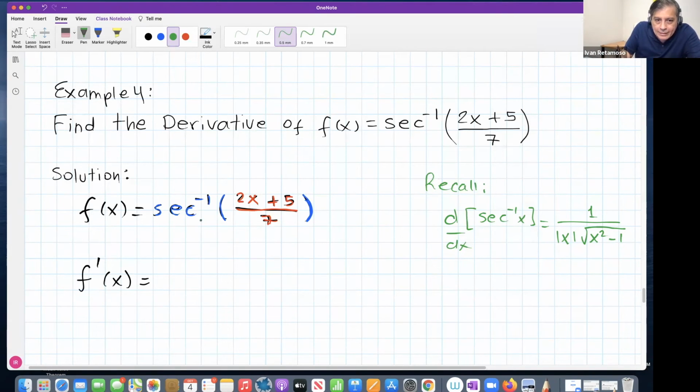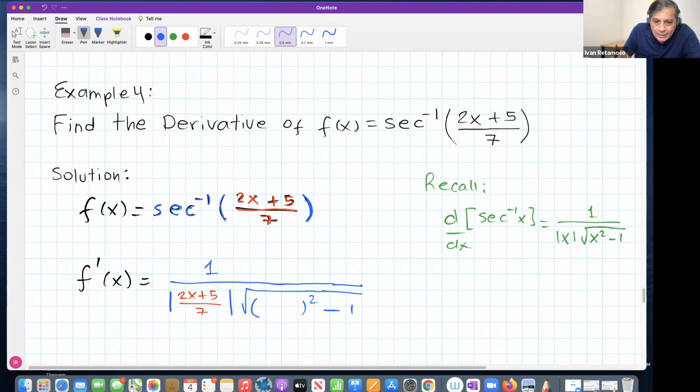All right, so let's use the formula then. The derivative of secant inverse will be 1 over the absolute value of x, but since I have this as my inside function instead of x, I have to write my inside function here, (2x plus 5) over 7, times the square root of, in parentheses, something squared minus 1.